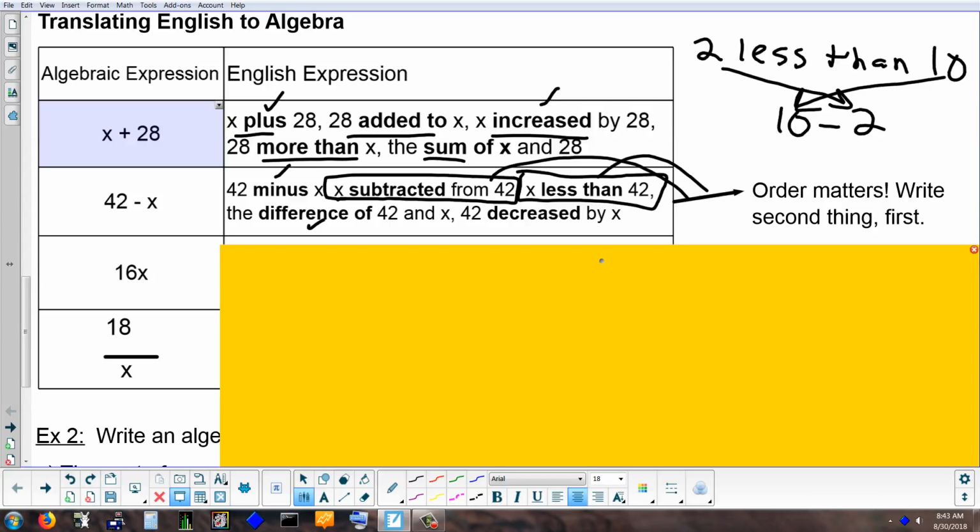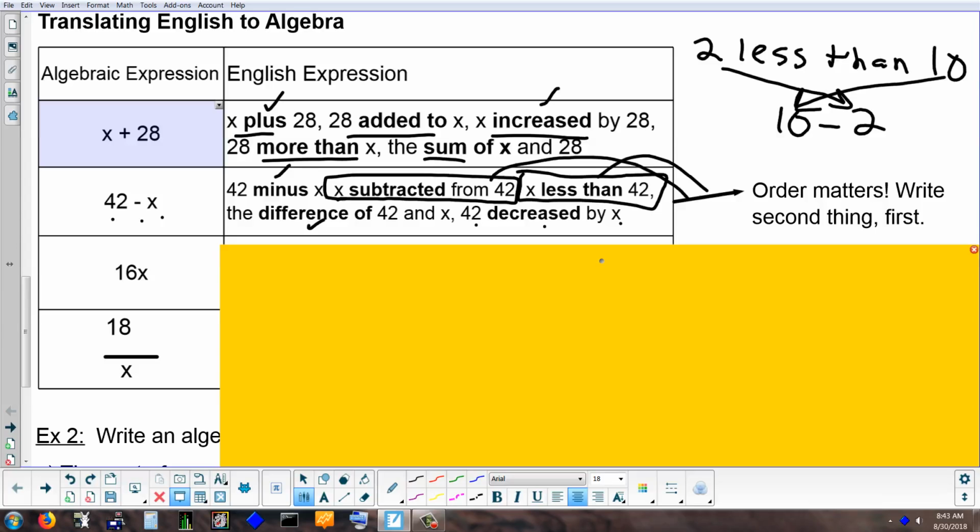And it's a little tricky because sometimes you don't have to change the order, like 42 decreased by x, it stayed in the same order. The one I put the box around is when it switches. And when we get to word problems, you'll see less than quite a bit. So you've got to remember that with that phrase, the order matters. It's backwards.